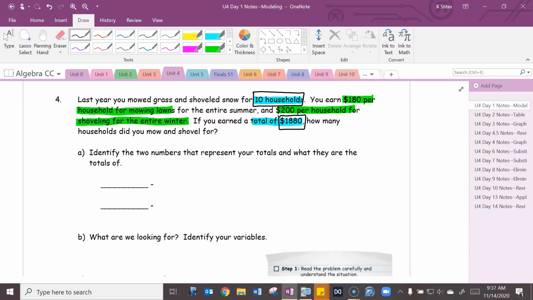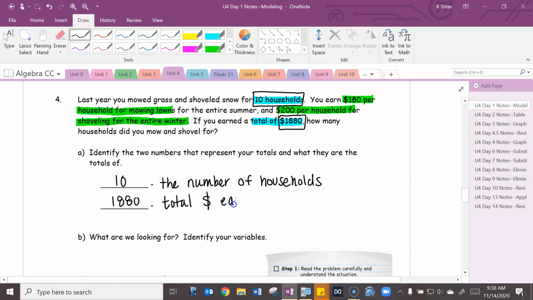Again, identify the two numbers that represent your totals and what they are totals of. Our first total is 10. This is the number of households, or the number of houses you mowed and shoveled for. And our second total is the 1,880, and this is how much money we earned.